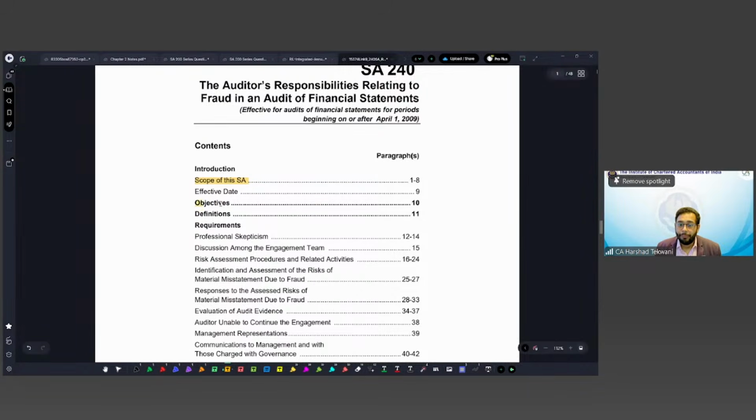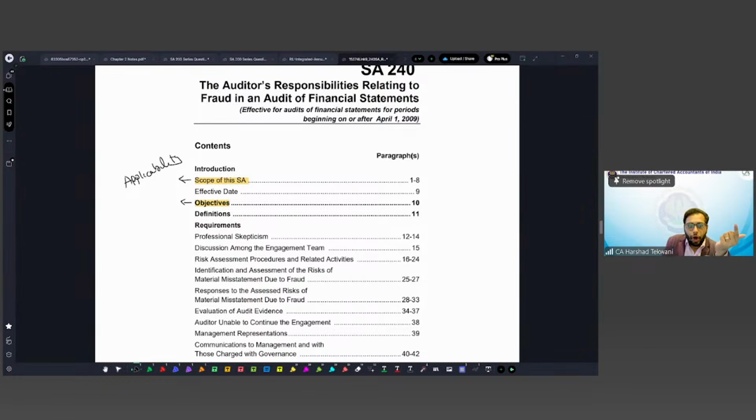Second comes the objective. Okay, this scope talks about applicability. Can anyone tell me what these objectives are that we are talking about? It is the objective of the auditor relating to fraud, meaning what he has to do.